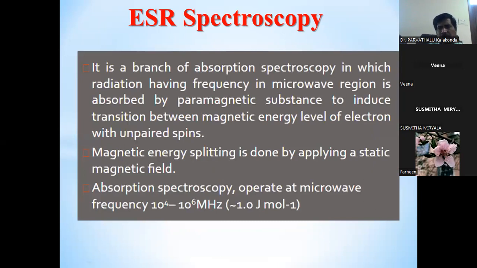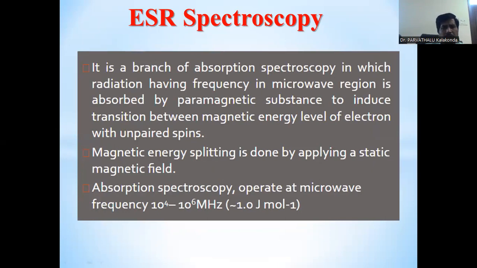It is one of the spectroscopy techniques which gives information about the electronic energy states, how they go from one state to another in the presence of a magnetic field and microwave frequency. When they match together, you have the resonance.